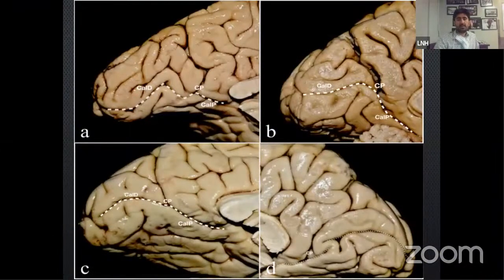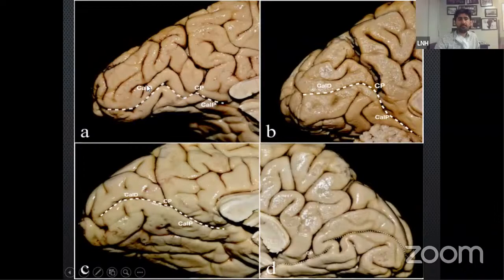And this is again another diagram showing the medial surface of the occipital lobe, and we can appreciate the parieto-occipital sulcus and the calcarine fissure, and this small dotted line is the calcarine fissure.